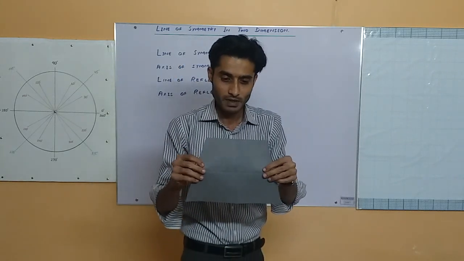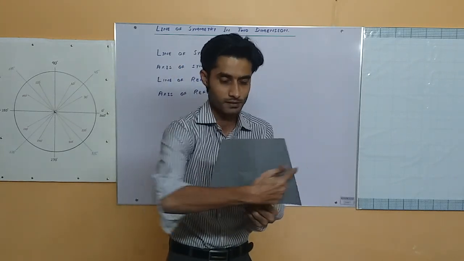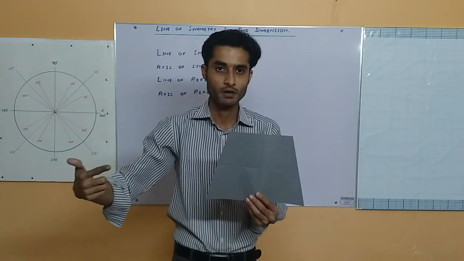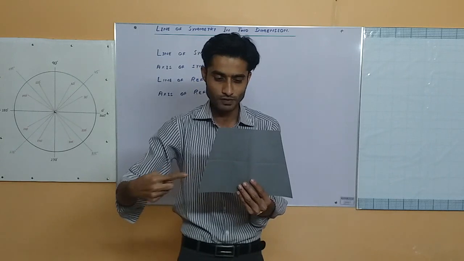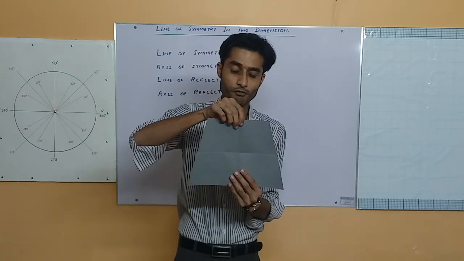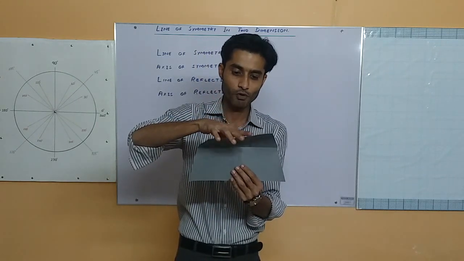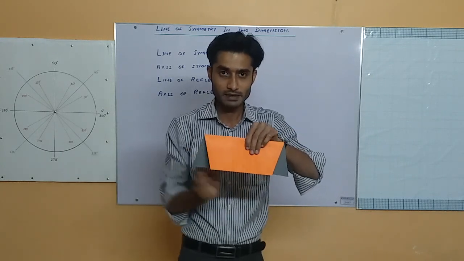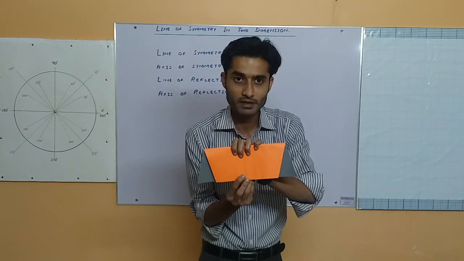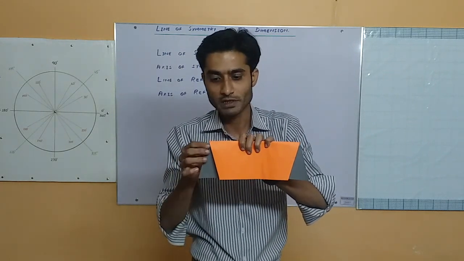So for instance, I am saying that this is the axis of symmetry on this shape. So if this is the axis of symmetry, then I'll fold the upper half over the lower half. And does the upper half cover the lower half completely? Obviously not.